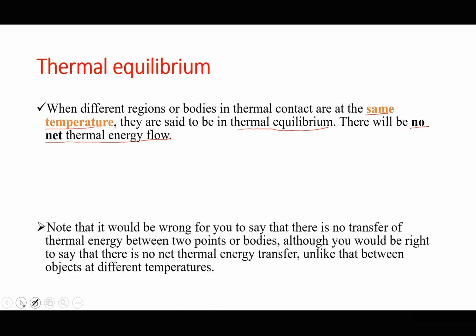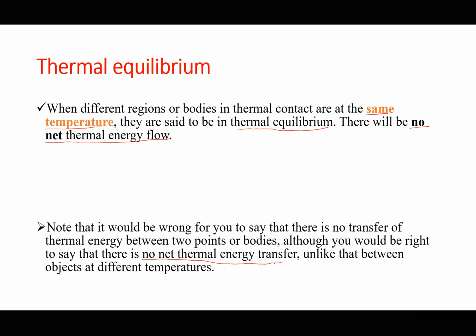Okay, so I want people to note that it is wrong to think that there is no transfer of thermal energy between two points or bodies, even when the temperature is constant. You would be right to say that there is no net thermal energy flow or transfer, unlike when the two points or two bodies are at different temperatures.